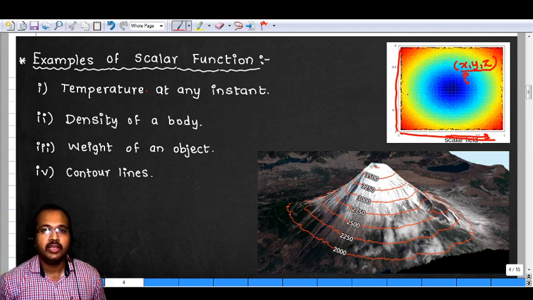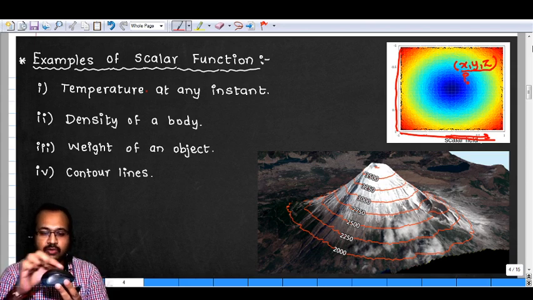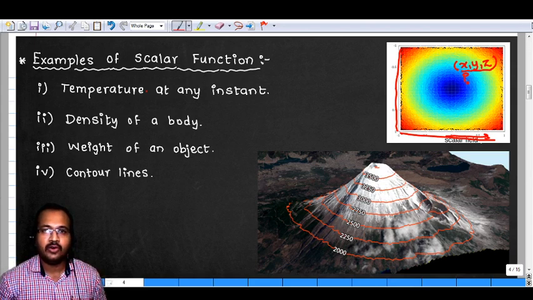Same is the case with the density of a body. If you consider any particular object, suppose this is your object, it has a specific density of the material or the particles.